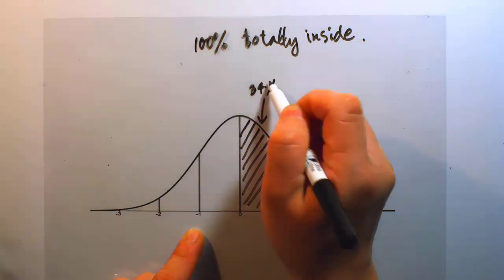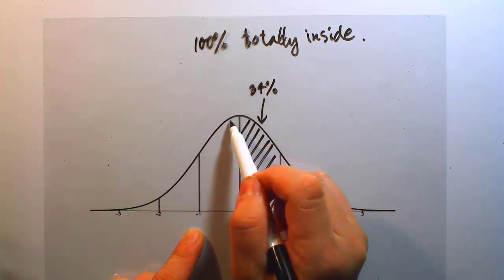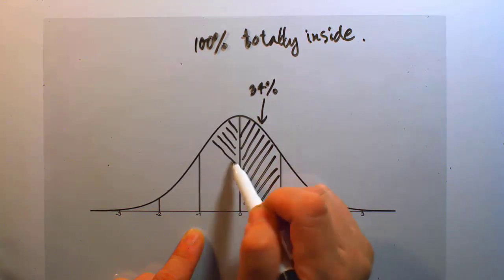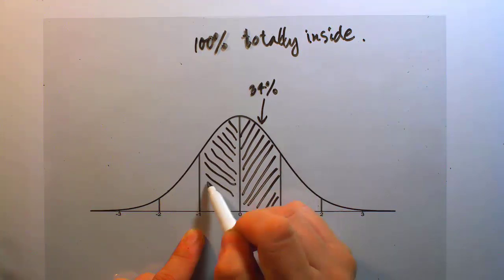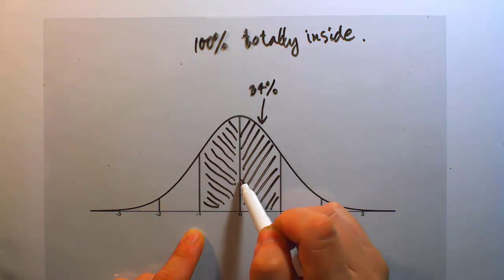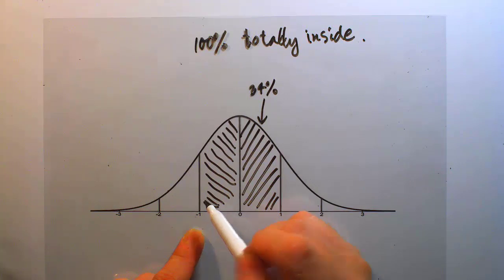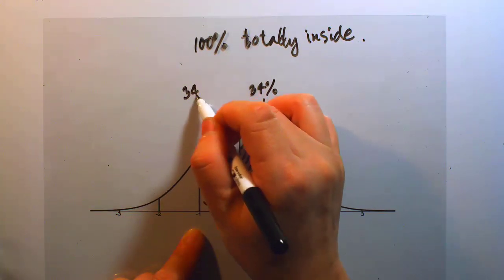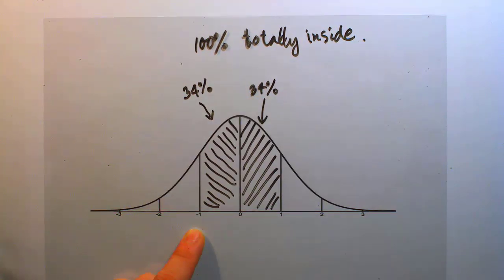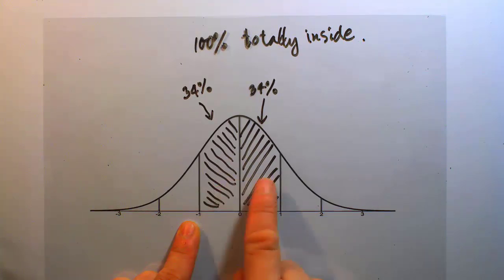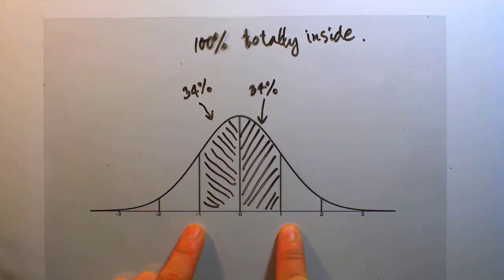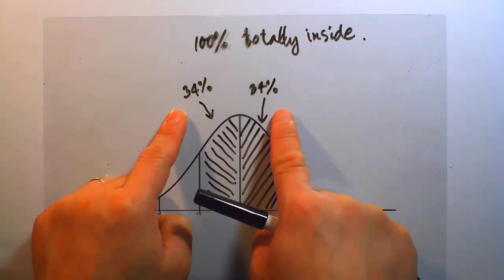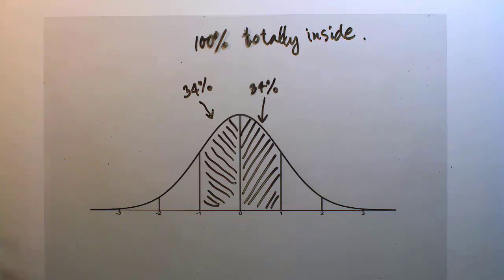And similarly this other exactly symmetric area over here, from the center out to 1 standard deviation below, this is another 34%. And once again, think about how it's consistent with the empirical rule: if we add these two areas together, we have the total area stated in the empirical rule, 34 plus 34, 68%.